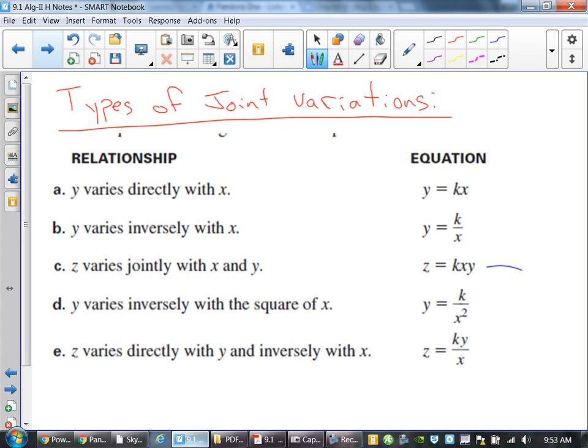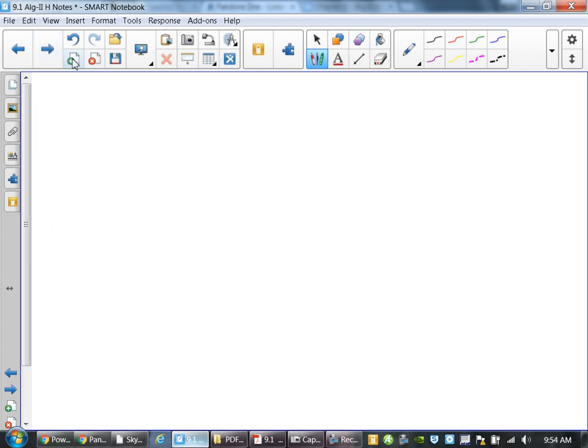What about this? Y varies jointly with z and the square root of x. Jointly, that means you have z and the square root of x.